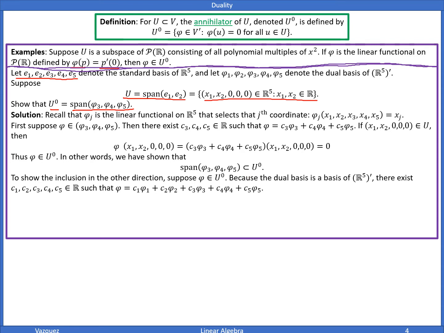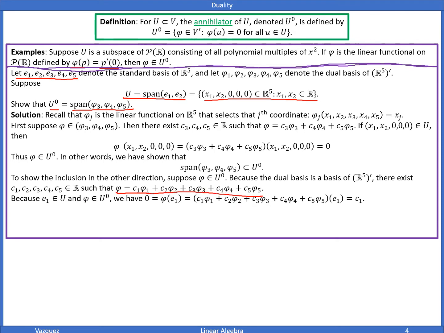To show the inclusion of our other direction, suppose phi is in the annihilator of U. Well, because the dual basis is a basis of the dual space of R5, there exist C1 to C5 such that phi is equal to a linear combination of that basis.